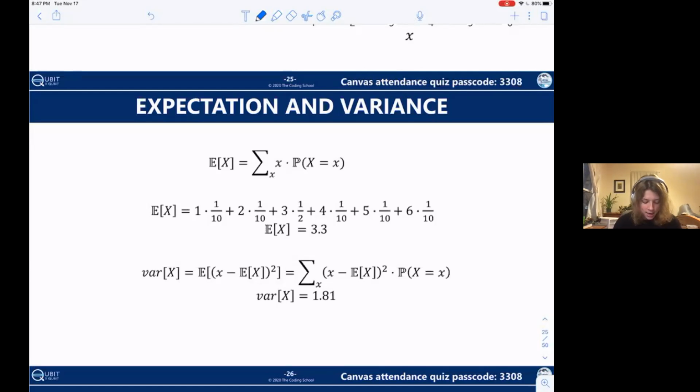We end up with an expectation of 3.3, which makes sense. We want it to be close-ish to 3, because that's the most likely value. And now the variance is lower than for the fair dice.